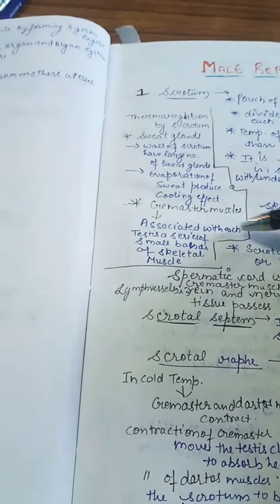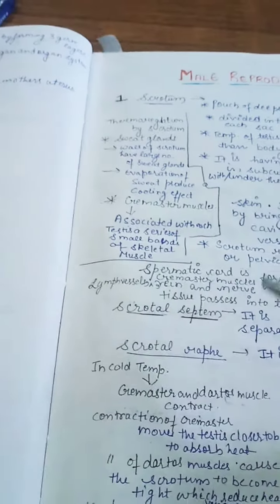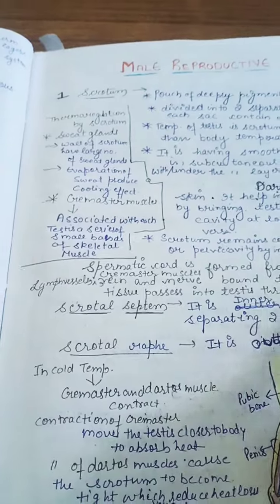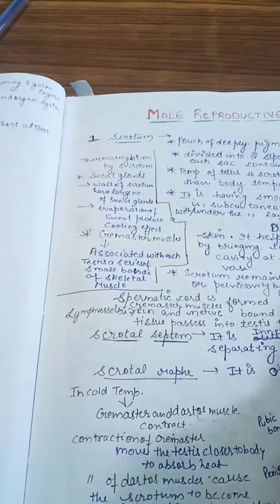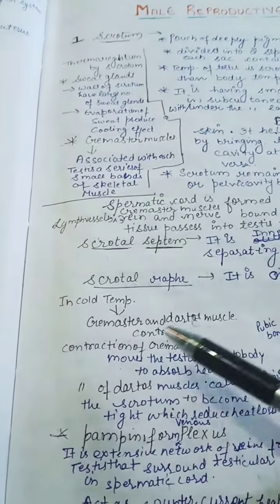Cremaster muscles are associated with each testis by a series of small bands of skeletal muscle, but they are involuntary. Dartos muscles are also present beneath the skin and are involuntary in control again. In cold temperature, the cremaster and dartos muscles contract.